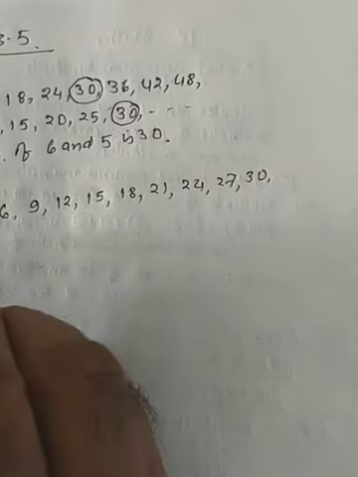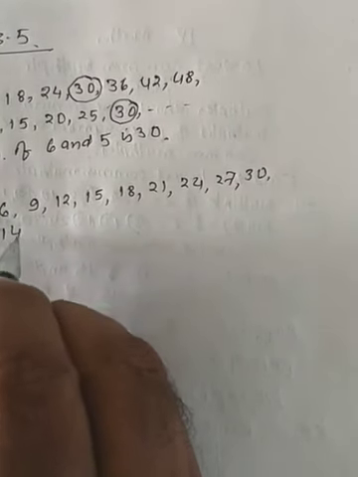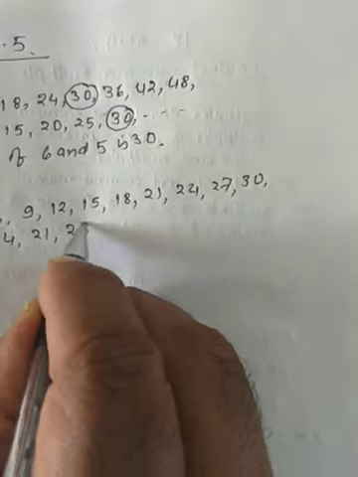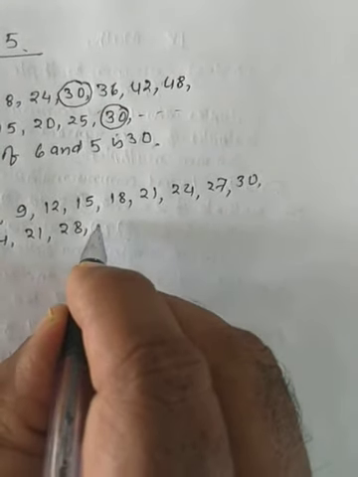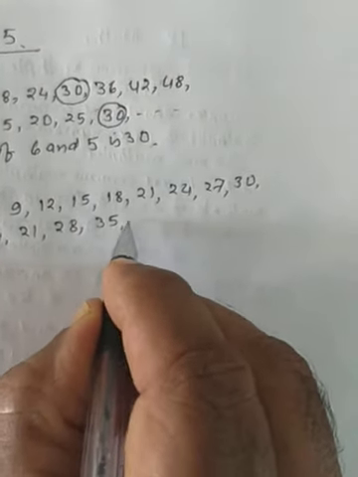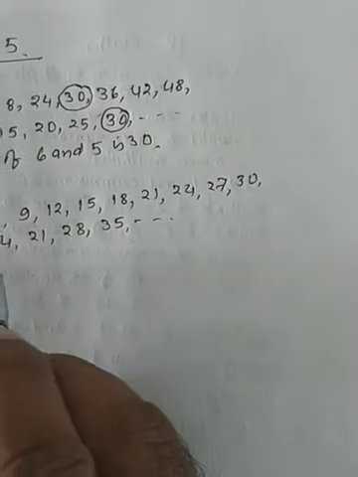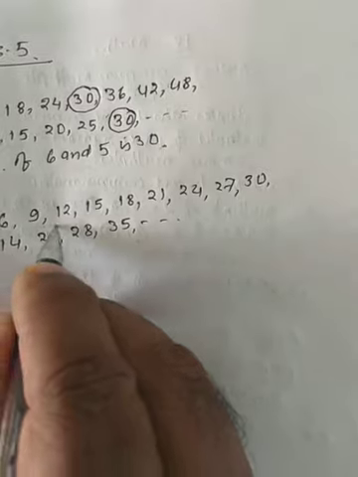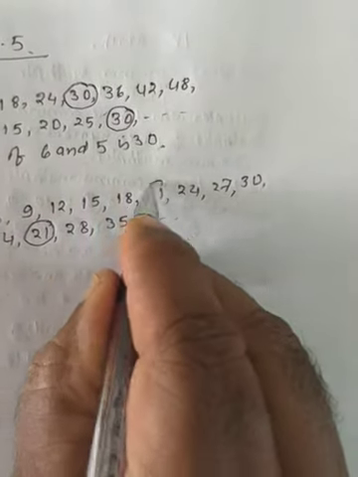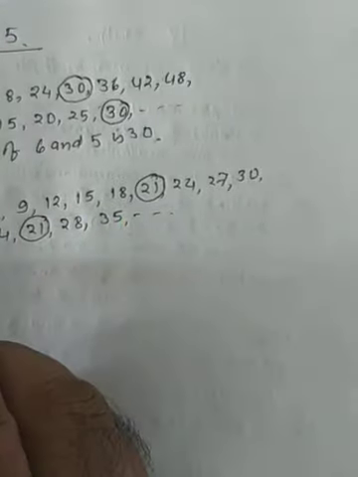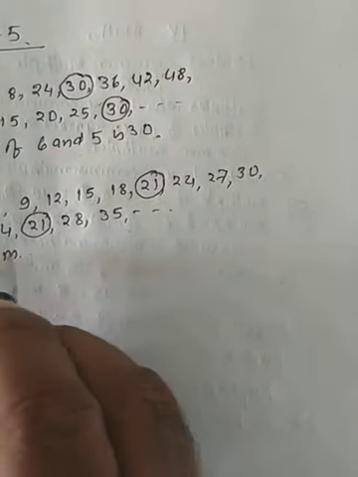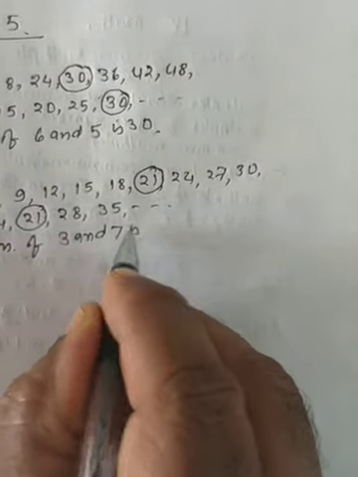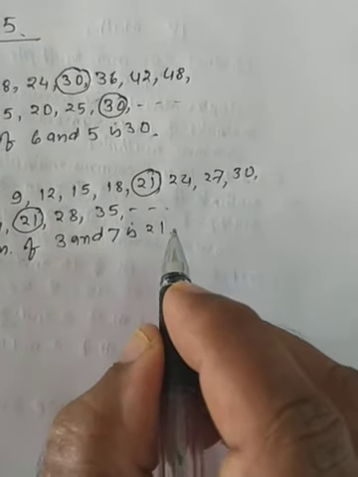The multiple of 7 is 7, 14, 21, 28, 35 and so on. The common multiple of 3 and 7 is 21. The LCM of 3 and 7 is 21.